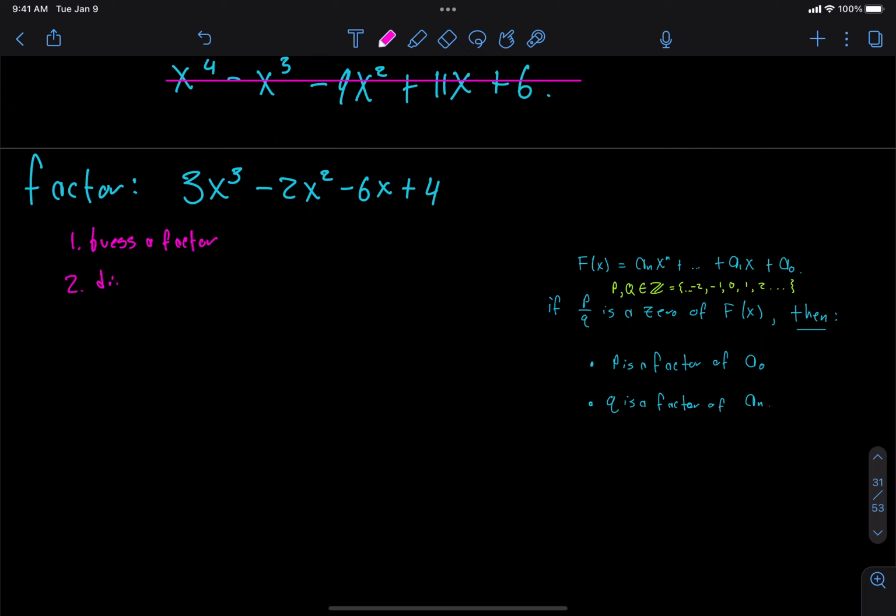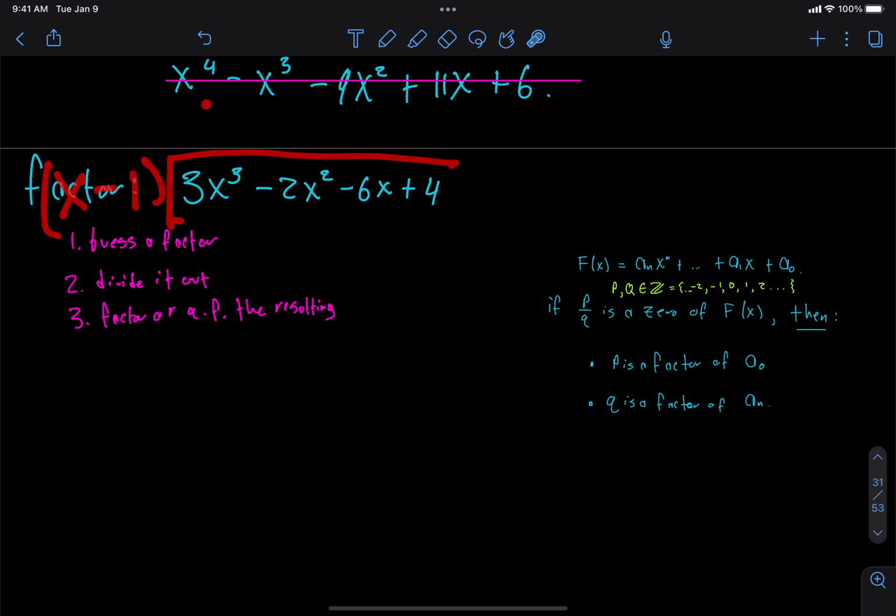then divide it out, then factor or use the quadratic formula on the result. What will I get if I divide this by a linear factor? What will be on top?